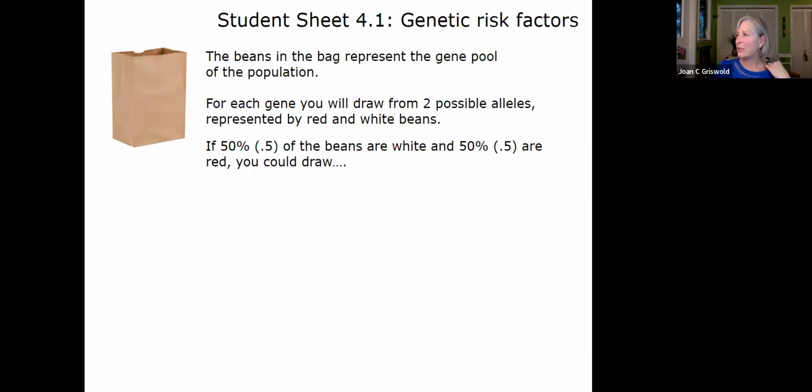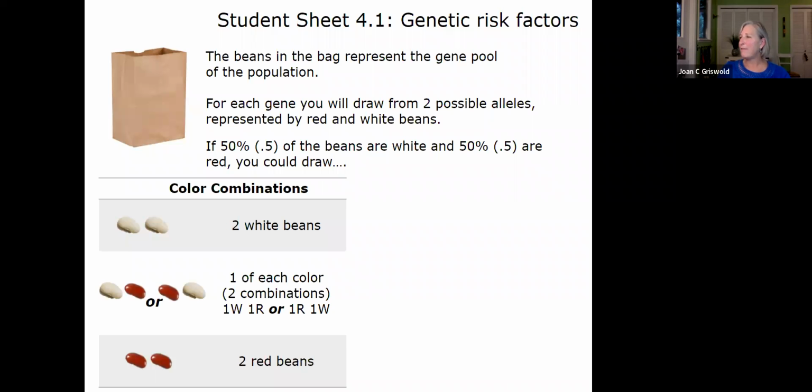So this is a good time to talk about some of the math that goes along with this. If you know that your gene pool is a 50-50 mix of these different colors, what would be the probability of drawing 2 white beans?